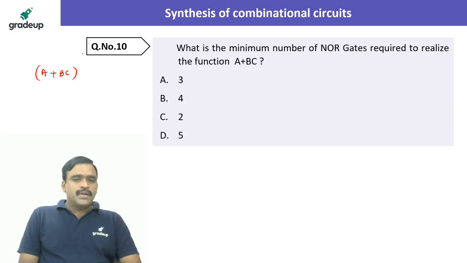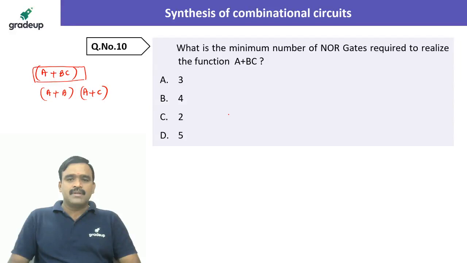Okay. So A plus BC, we can write as A plus B into A plus C, right? Both are the same, because from the distributive law, A plus BC can be written as A plus B into A plus C. So if you take an OR gate, you will get A plus B, and if you take a NOR gate, you get A plus B whole bar.